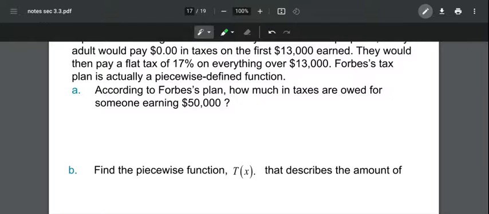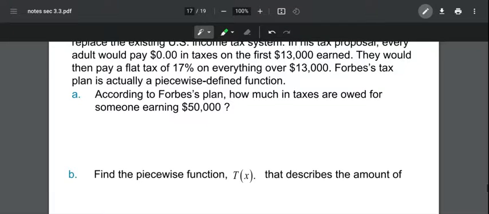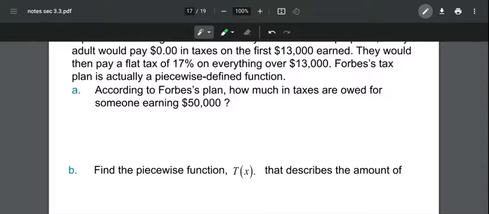Here, according to Forbes plan, how much in taxes are owed for someone earning 50,000? So for someone who makes 50,000, we know that that person won't pay taxes for the first 13,000 which they make.